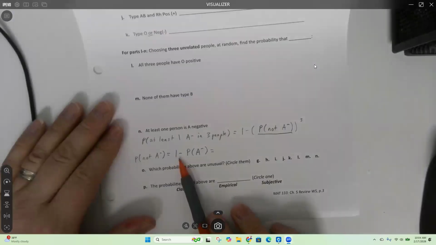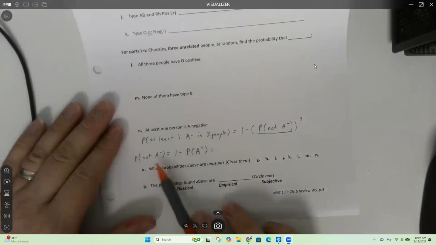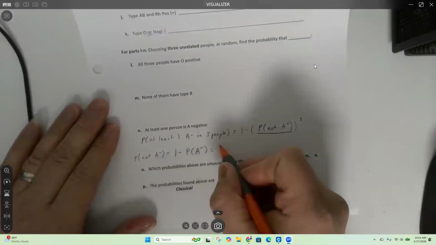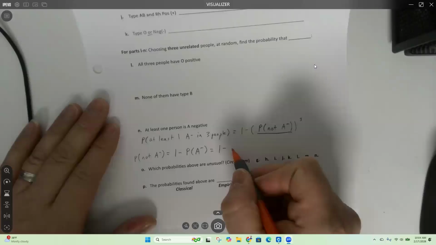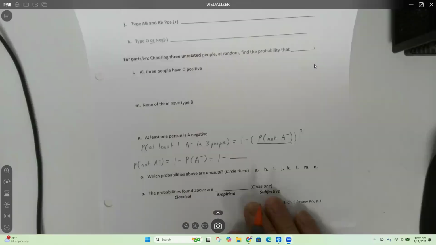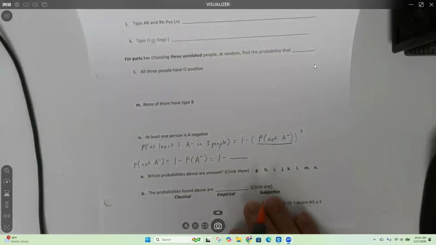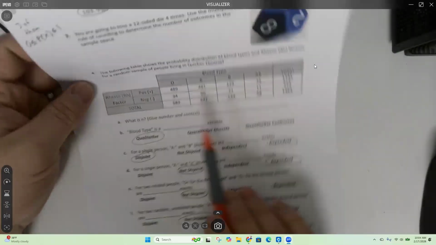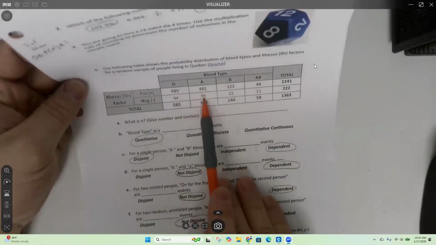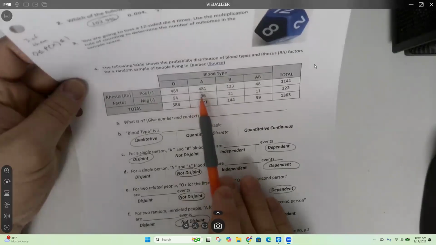The probability of not A negative is 1 minus the probability that it is A negative. All right, let's calculate that. 1 minus the probability that someone is A negative. What is the probability that someone is A negative? A negative is there, 96. That's the ones we want.